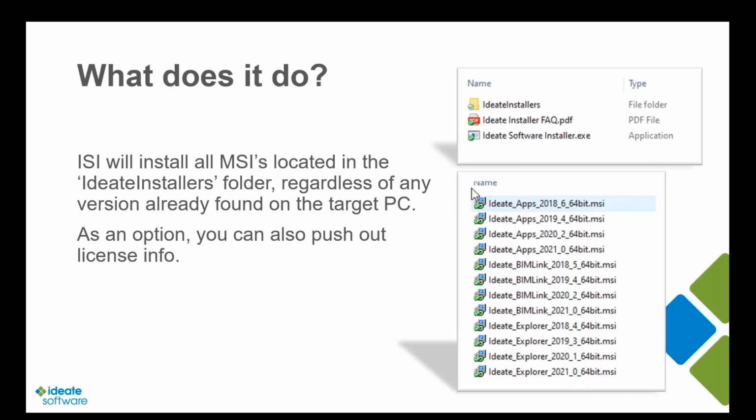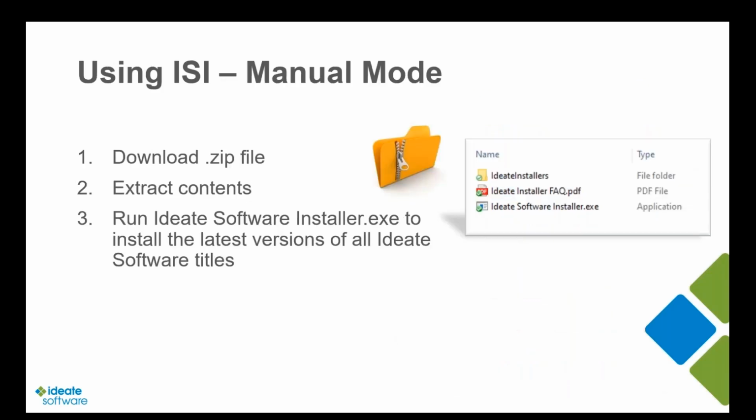So if you have a brand new computer, it will install these. If you have an older version, even if you have a newer version, it's a brute force thing. You're telling it to install a version, and that's what it will do. As an optional step, it will set the licensing, and we'll talk about that a little later.